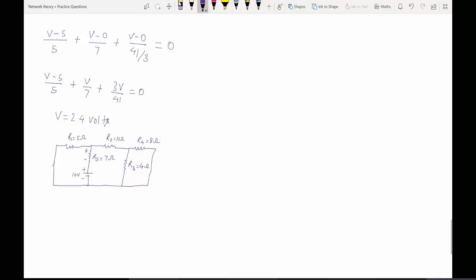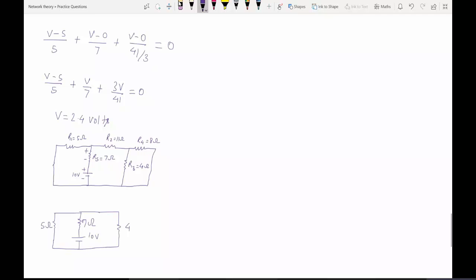Make these simple. Okay. How to make it simple? This is your 5 ohm. This is again 5, sorry, 7 ohm. This is your 10 volt battery.